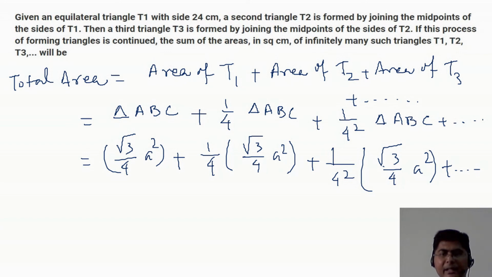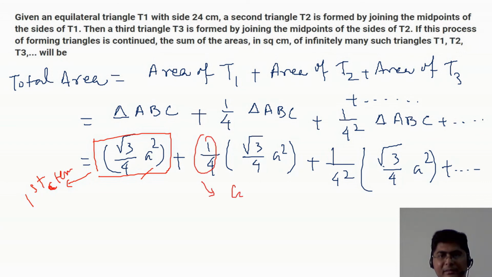Right? Now can you see a GP series? This is a, or you can say the first term. And this is the common ratio. Now what is the formula of a GP series expanded up to infinity?